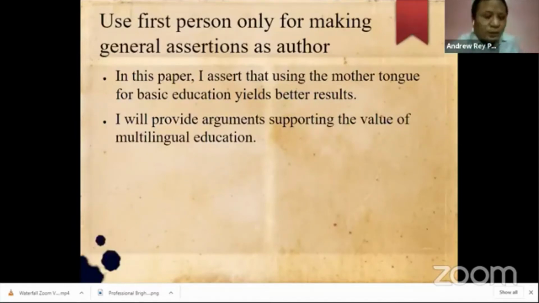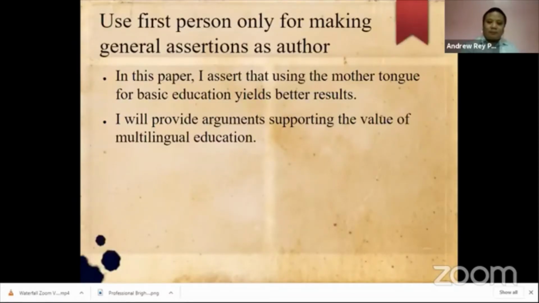In the past, noong unang panahon, instead of using I, people would say the writer. So in this paper, the writer asserts that using the mother tongue for basic education yields better results. In the past, that was the norm, but nowadays that has changed. Okay, instead of saying this writer or the writer, you use I already when you are the one making the general assertion. Okay, so that has changed from what our parents were using into what we are using now.